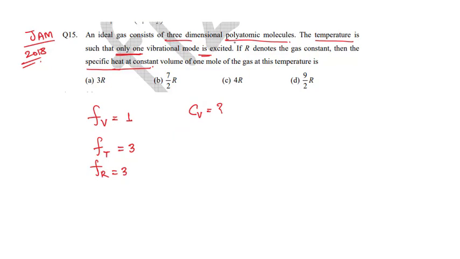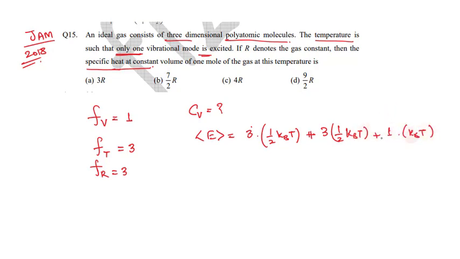So when you calculate the average energy, the translational part is 3 into half kBT, plus the rotation part 3 into half kBT, plus the vibration part, which is important, 1 into kBT.